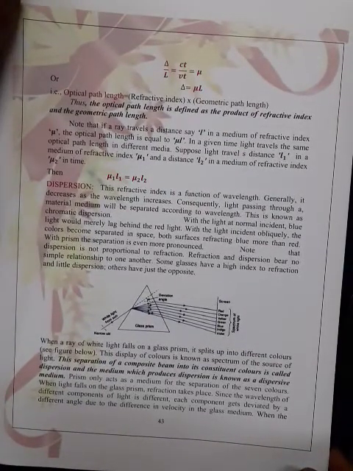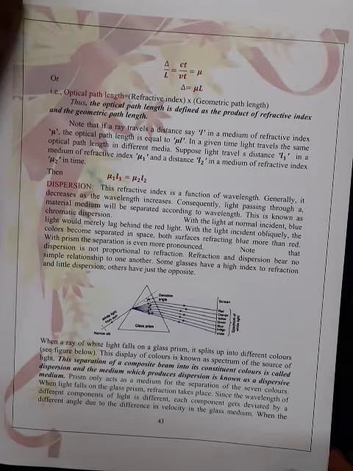The refractive index is a function of wavelength. Generally, it decreases as the wavelength increases. Consequently, light passing through a material medium will be separated according to the wavelength. This is known as chromatic dispersion.